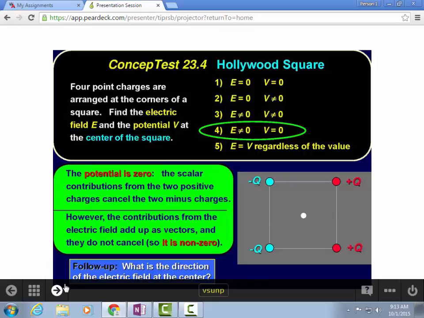But there are consequences to this. The fact that the electric field is non-zero and the potential is 0 there tells you what? Well, if E equals dV/dr, it doesn't tell you much. I was thinking the other way around.